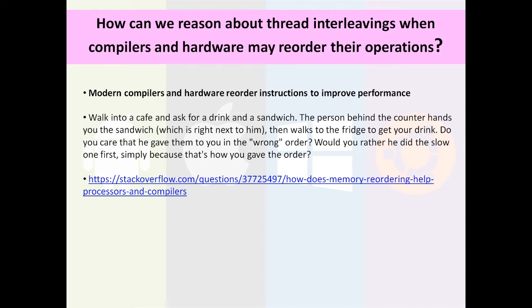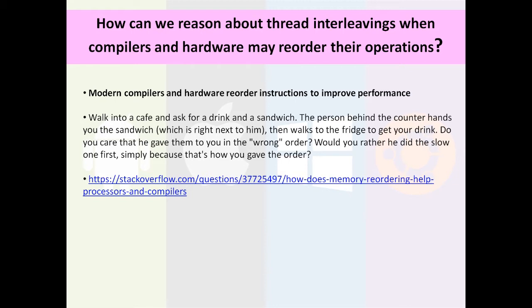Now the person behind the counter hands you the sandwich, which is right next to him, then walks to the fridge to get your drink. Now the question is, did you care that you were given the two items in the wrong order? Do you care that you got the sandwich first and then the drink? Would you have rather had him go all the way to the fridge to get the drink first, simply because you had asked in that order?